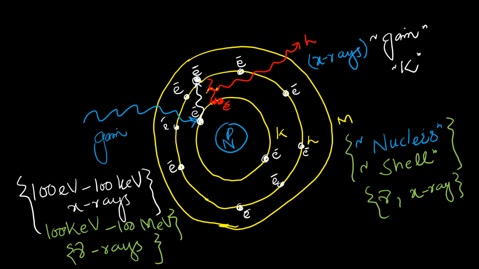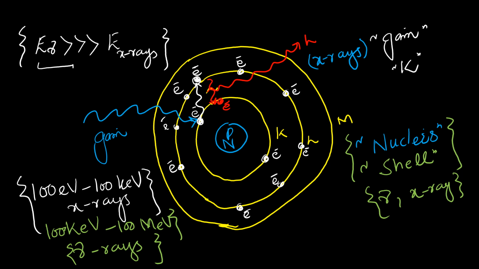So we can write that the energy of gamma rays is way more than the energy of X-rays. Though the processes have some kind of relevancy, the energy difference in these two processes, which produce X-rays and gamma rays, is too much.